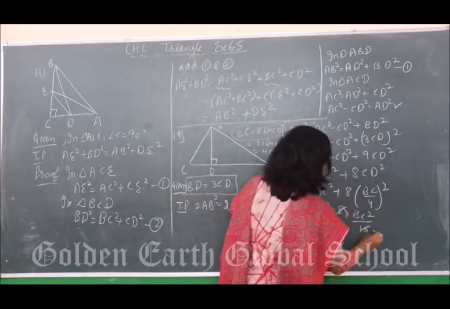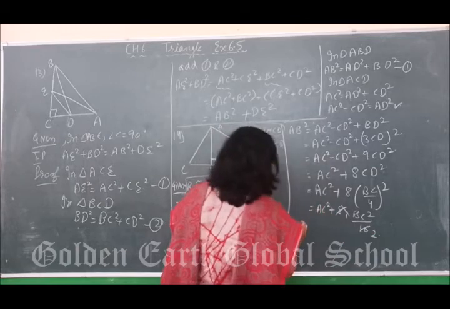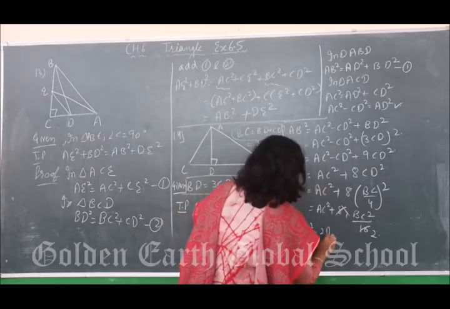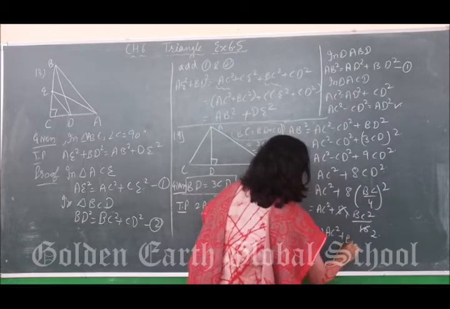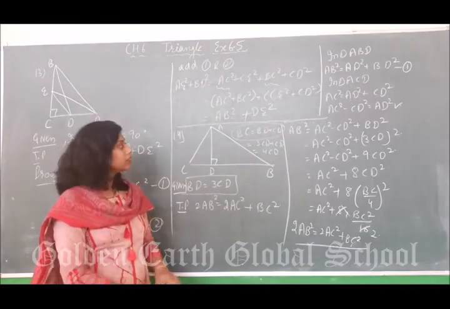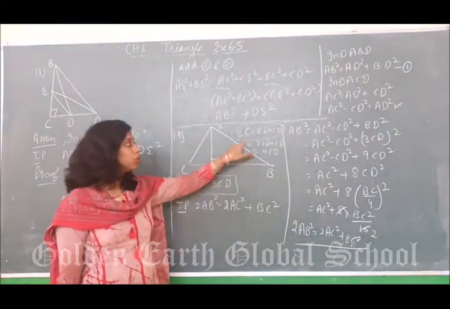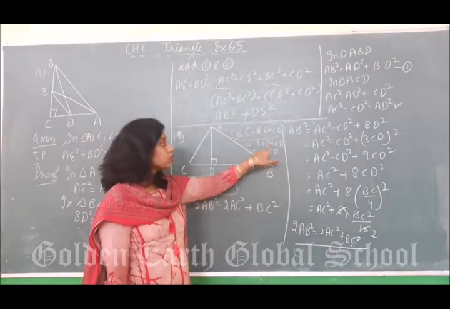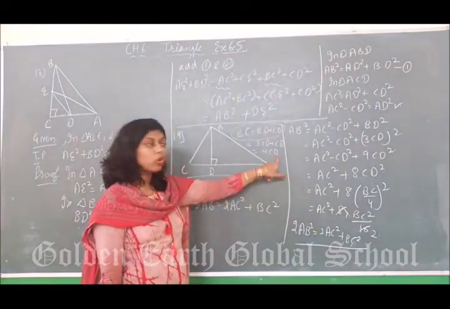16. Now take the LCM, shift 2 to the left hand side also. 2AB square is equals to 2AC square plus BC square. Note this step here. BC is equals to BD plus CD. BD is 3CD, so BC is equals to 4CD.